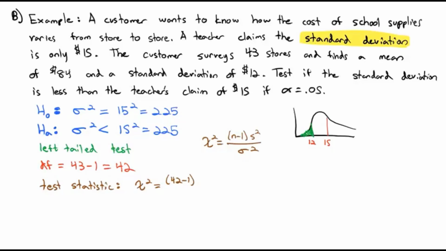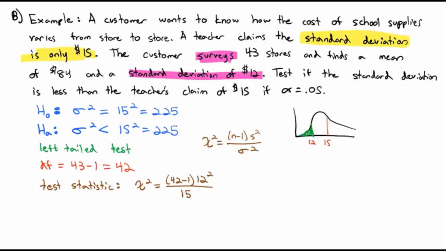So for my sample, the customer did a survey and found a standard deviation of 12. That is my sample standard deviation, 12 squared to get the variance, divided by sigma, the claimed standard deviation of the population, which is 15.